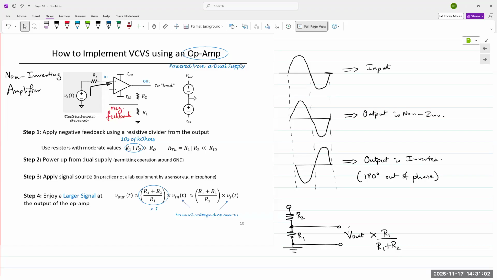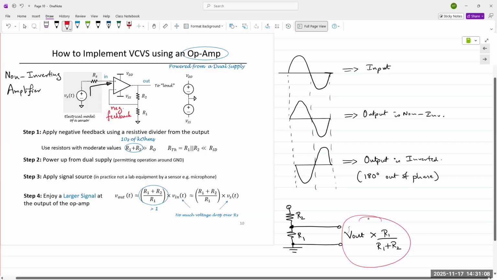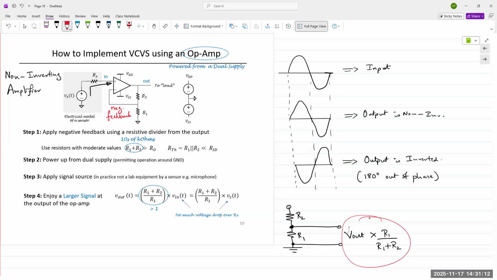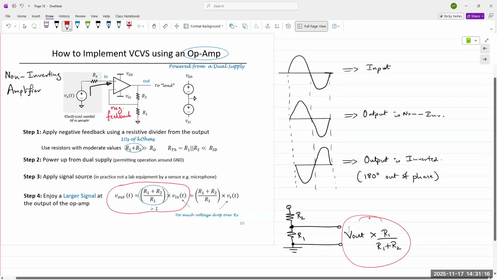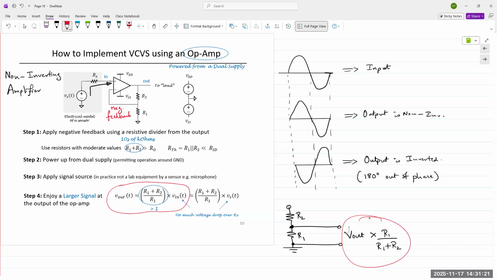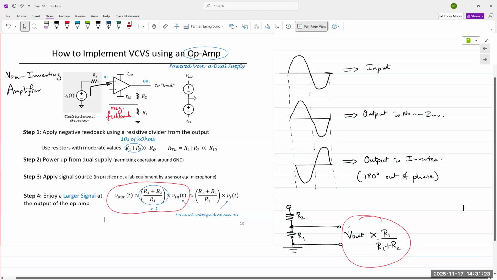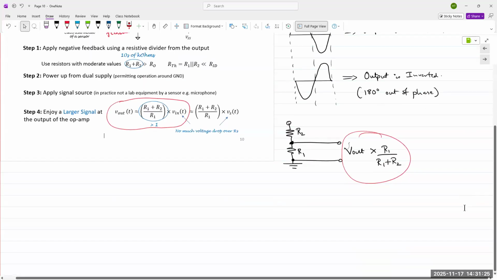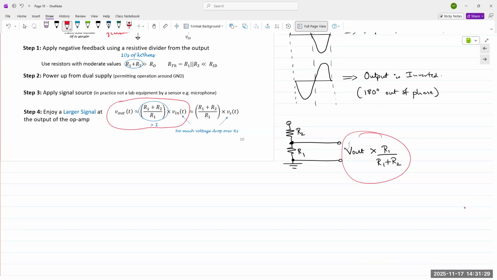All right. So as I was saying, this portion of V out is fed back into the input, and then we obtain an expression where V out is equal to (R1 plus R2) over R1 times V in. On the next few slides, we'll see how this is derived, but this is actually the output equation for the output voltage.